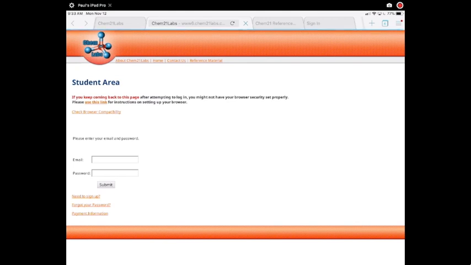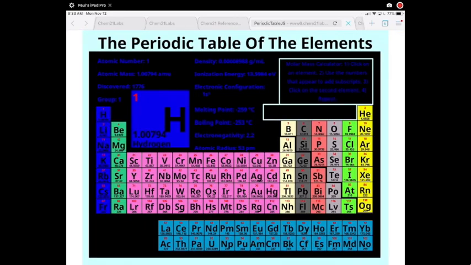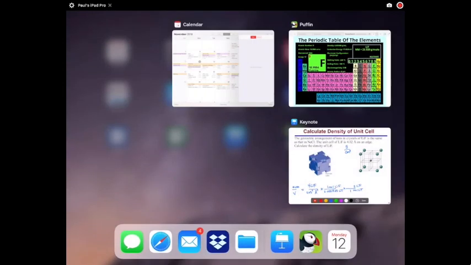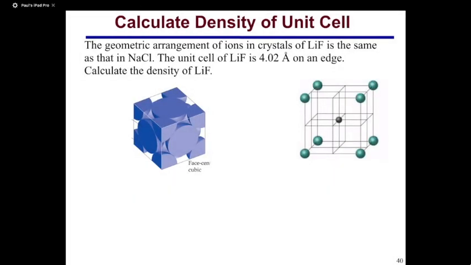And so, come over here, chemistry reference. I want the reference. And I want a molar mass calculator, which is really the periodic table. And I go and I put lithium and I put fluoride, 25.939.